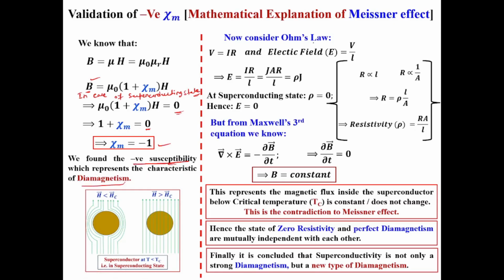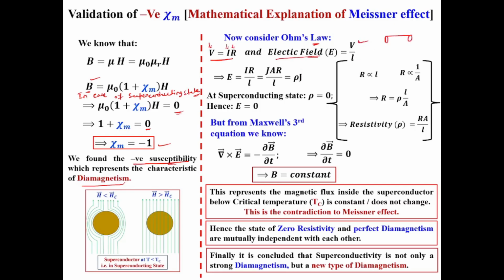Okay. Now we are going to consider Ohm's law. According to Ohm's law, we know that V equals IR, where V is the applied voltage, I is the current, and R is the resistance. And the electric field is nothing but potential difference per length.